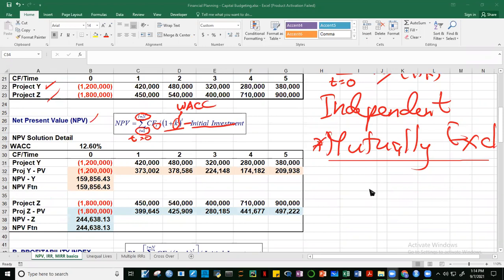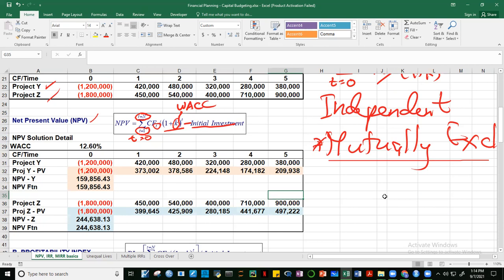Now, the problem here, guys, look. Where do we have a problem here? There is a bias toward one project, in these options. Where do you think the bias is coming from? Take a guess, guys, because it can affect our decision.